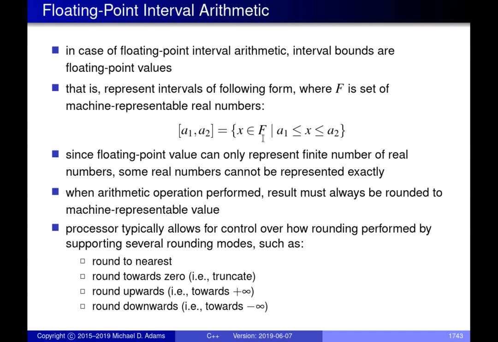The only difference is that our endpoints are now machine representable values, actual floating point values. The thing that leads to round off error is that when you perform a computation, most likely the answer can't be represented by the computer, because there are infinitely many real numbers that can't be represented exactly and only a finite number that can. Percentage-wise, infinitely many more will incur round off error compared to ones that won't.